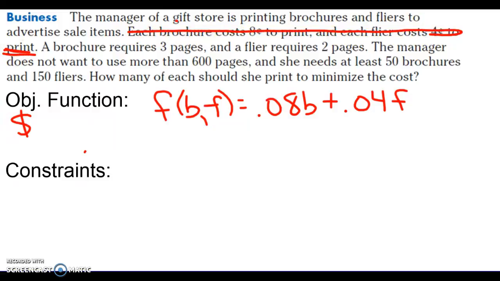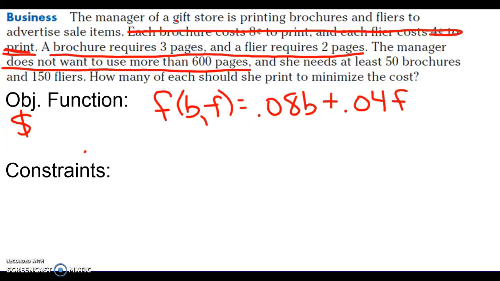Now our constraints are basically what our restrictions are. So our constraints are going to be, we've got pages, and that's about it, really, the number of pages. So let's circle everything about pages. A brochure requires 3 pages and a flyer requires 2 pages. And she wants to use not more than 600 pages.